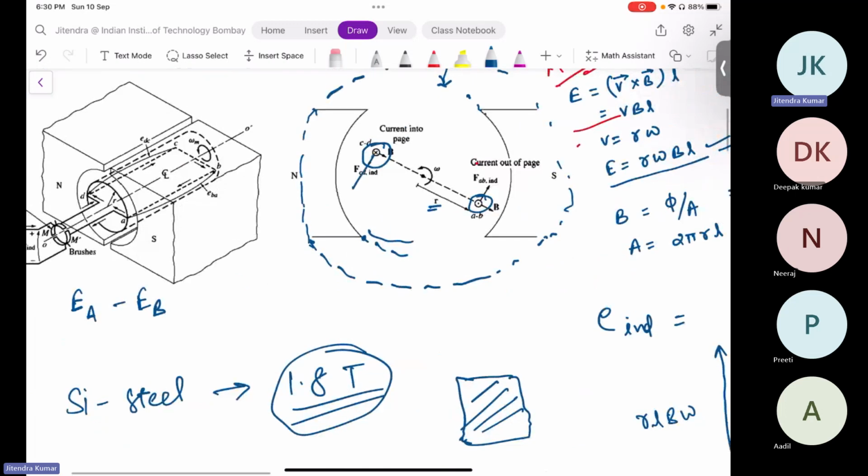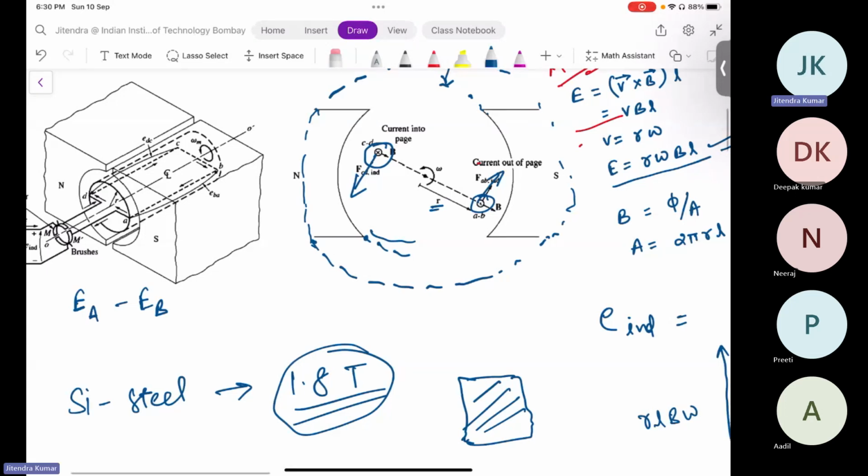If this is traveling in this direction and this is traveling in this direction, essentially both are traveling with the same speed in one direction. Are you getting my point? So both EMFs will be added, whatever the EMF induced in this coil and this coil.